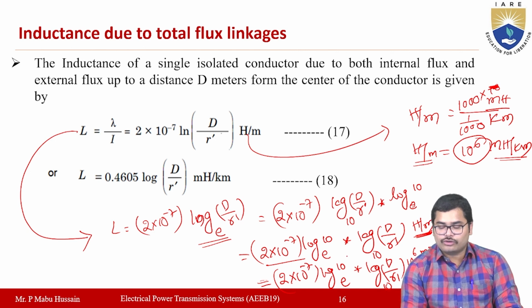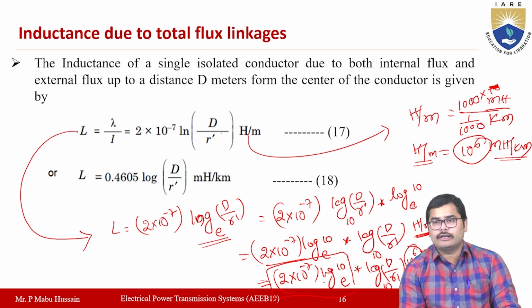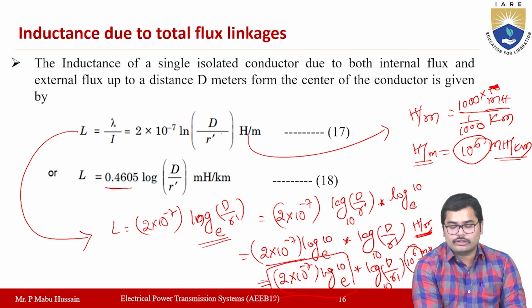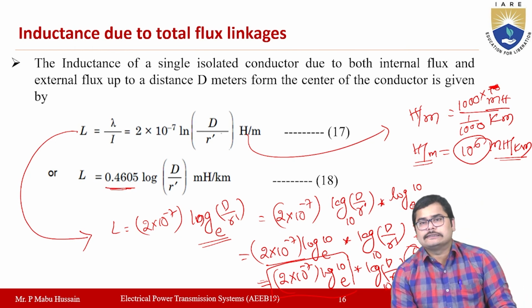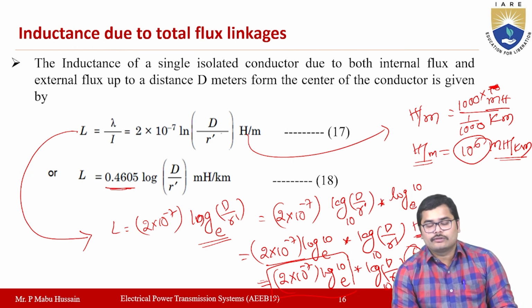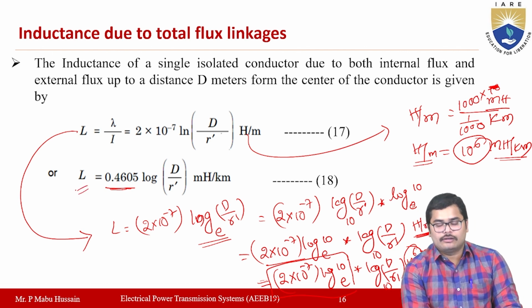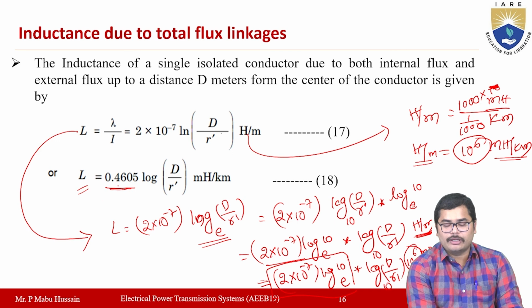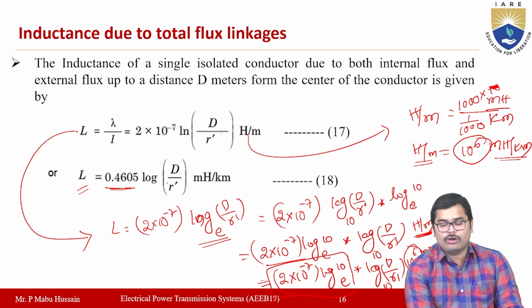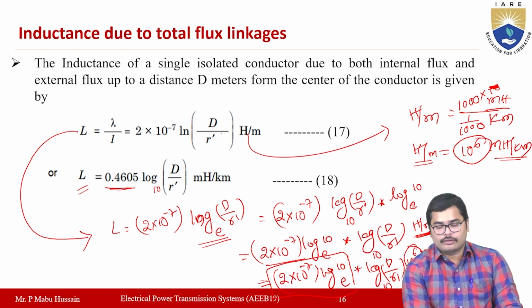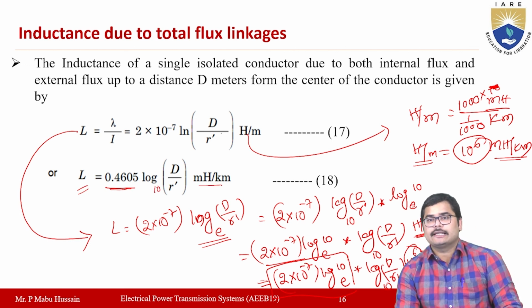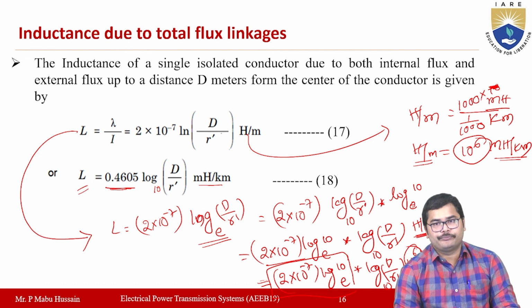If you solve 10^6 into 2 into 10^-7 log 10 to the base e, you will get the value 0.4605. So the inductance L will be given as 0.4605 into log d by r dash to the base 10. The units are in millihenries per kilometer.